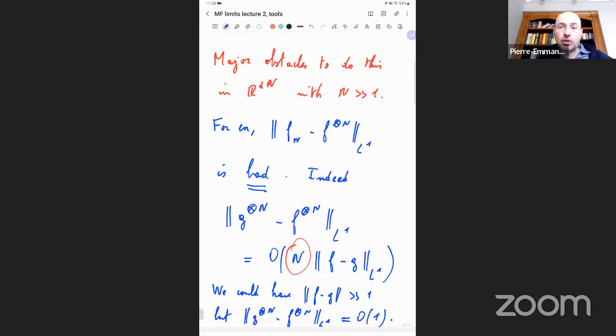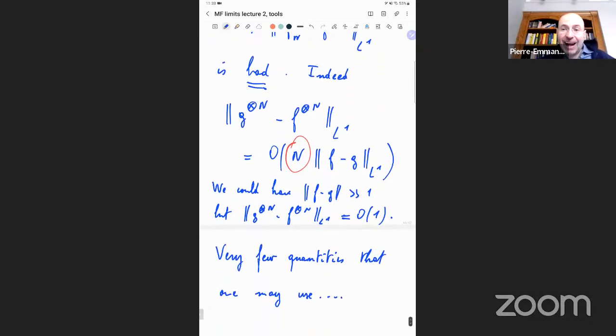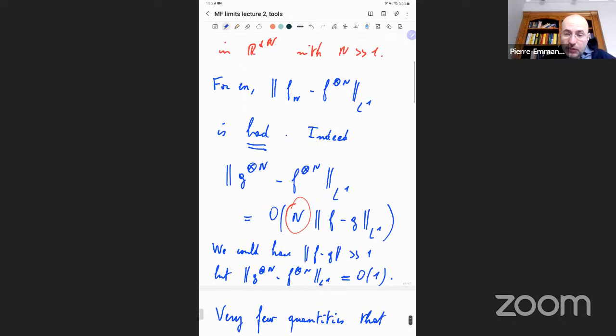But that doesn't work, because I could actually be IID but with a slight error on the law. So I'm IID, so I have G tensorized n instead of F tensorized n, and F is very close to G, but they are not identical. And so I could be IID again with a slight error on the law, and I would not be able to see that if I'm using this L1 norm.